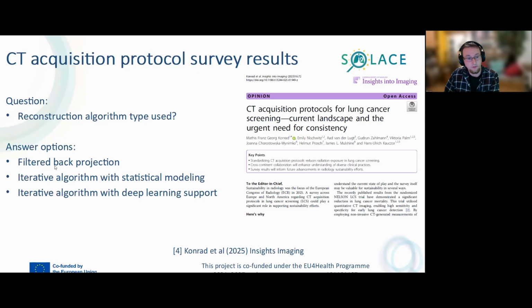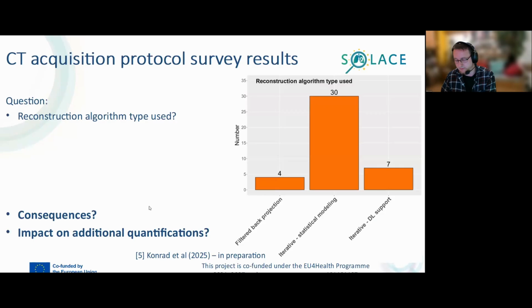So the old version is the filtered back projection. Then there's iterative reconstruction with statistical modeling, and it can also be used with the newest versions with deep learning support. So we'll quickly present the results we got from the answers, and you can see we still got all of these types in practice in lung cancer screening, but answers are probably mostly from research sites, so there's a bias to that.